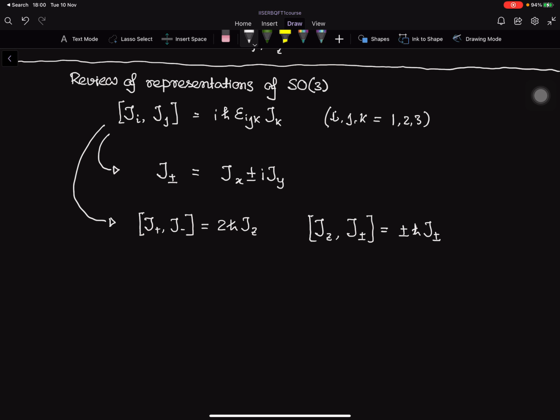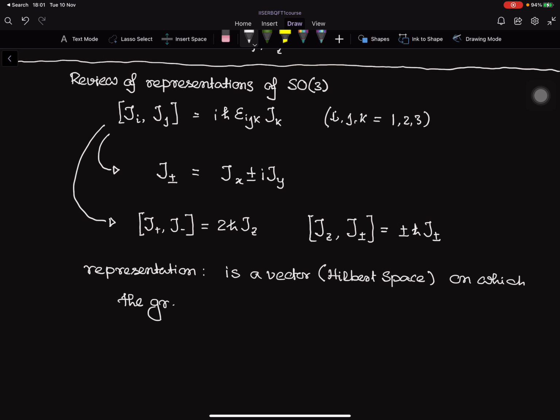Then a representation is a vector space or a Hilbert space on which the group is realized as operators.